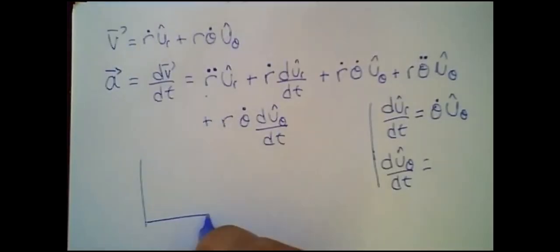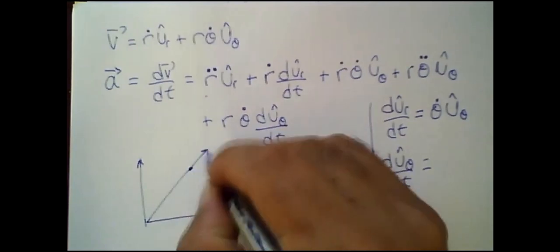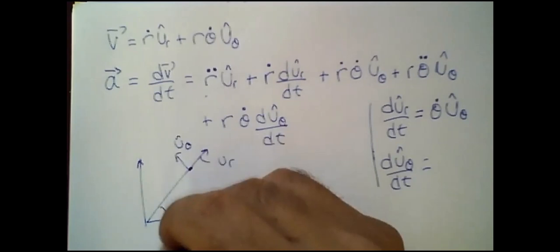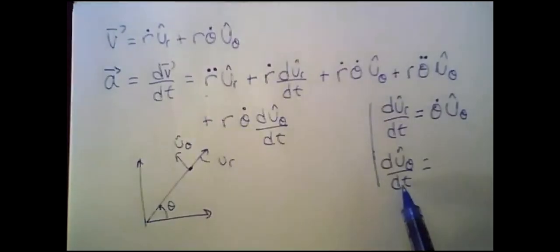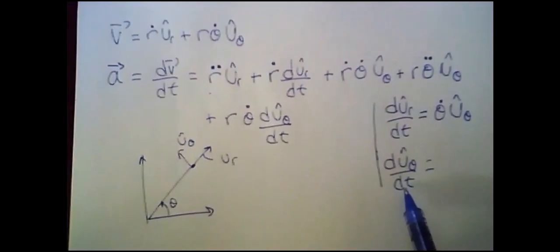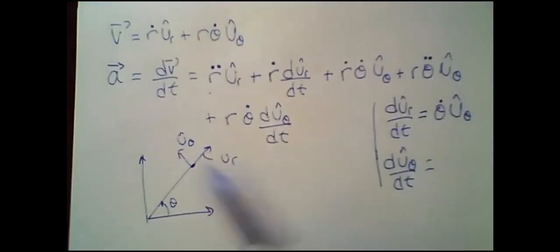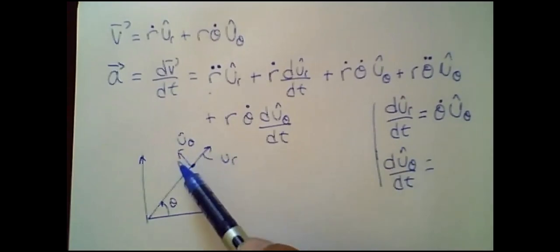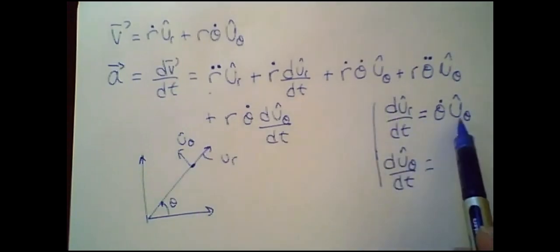So when you are doing dUR dt, because UR is rotating in the direction of U theta, basically we're multiplying theta prime by U theta.